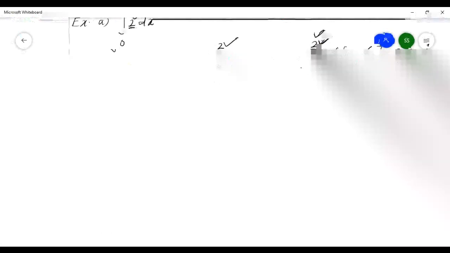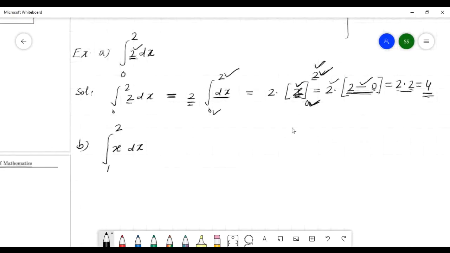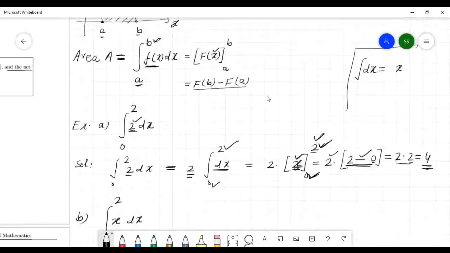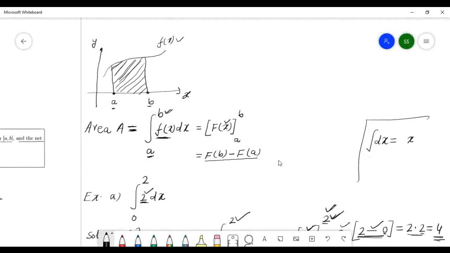This is 1 here. See, this is a and this is b. This is lower and this is upper, the smaller and the bigger. And this is the function. This is the area between a and b.